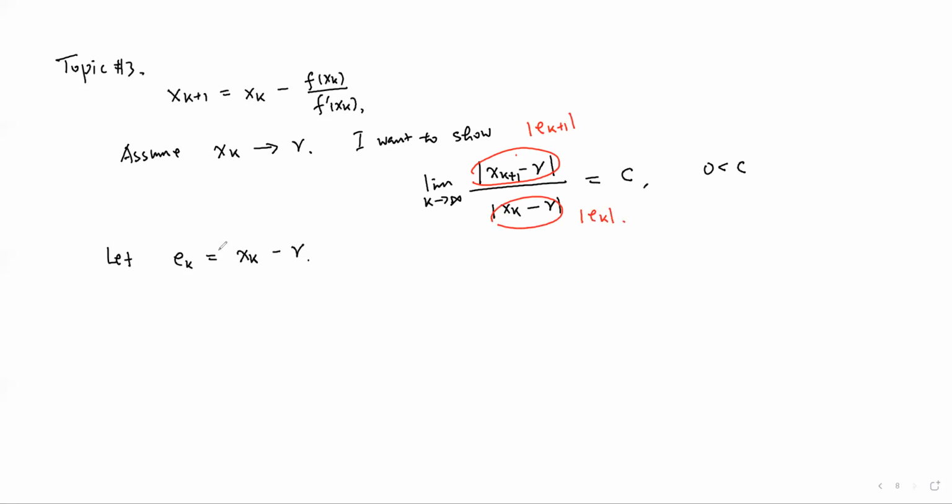All right, now let me determine e_{k+1}. e_{k+1} is x_{k+1} - R. What is x_{k+1} from here?